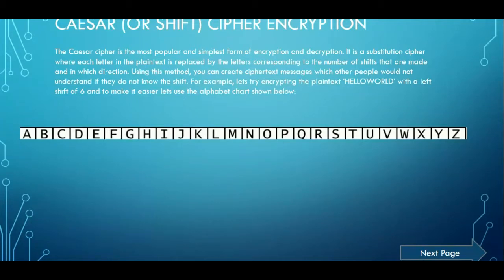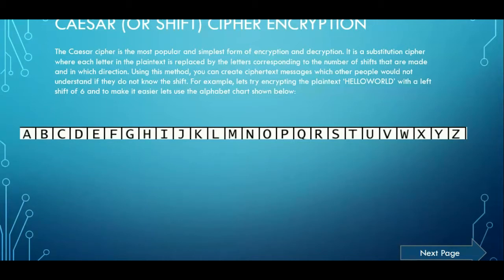So the first letter is H, so you go back 6 times, so you go 1, 2, 3, 4, 5, 6. There we go. So basically, as you can see, the first letter is B. So let's get rid of that.